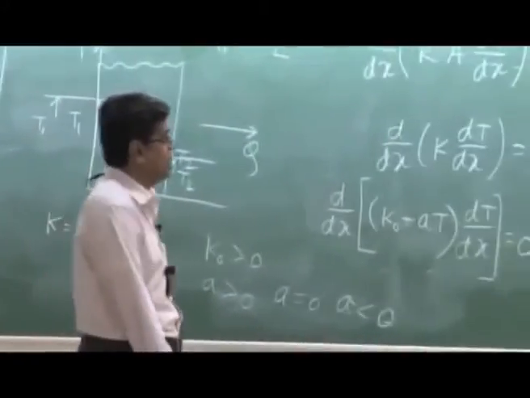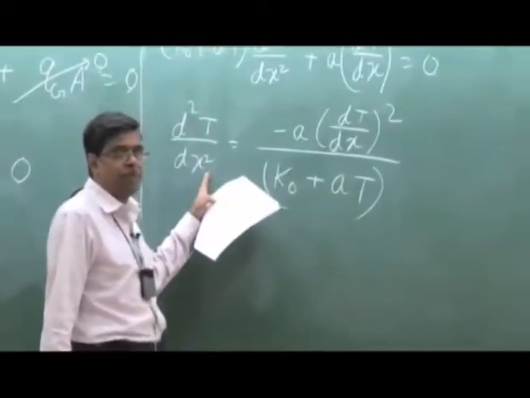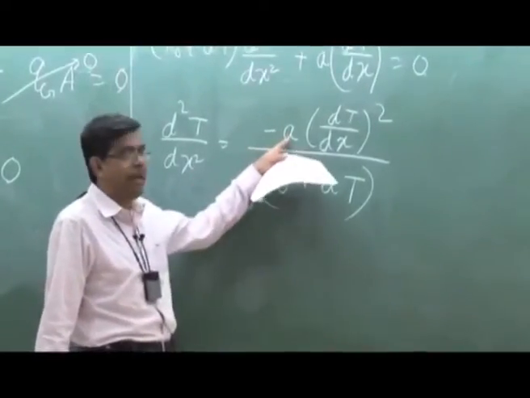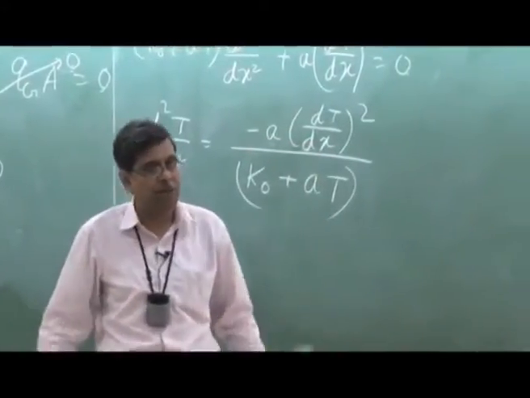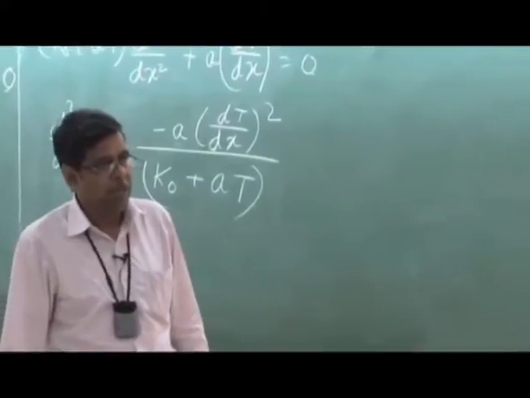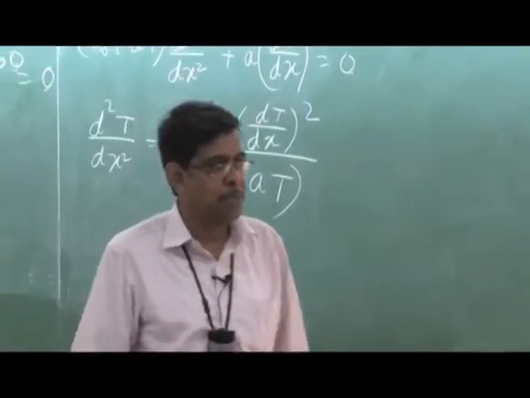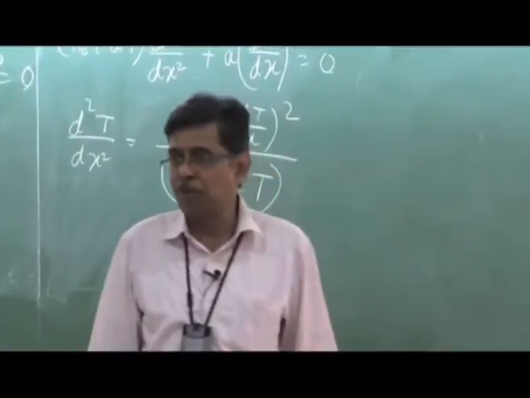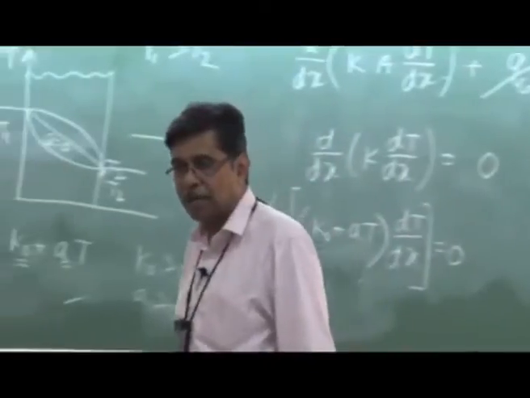After that, it is mathematics. Now we can decide the sign of d²T/dx² with A with the logic. (dT/dx)² is always positive. The denominator is always positive, whatever may be the value of A. Why? Please think: the denominator is always positive, whatever the value of A, positive or negative. Why?